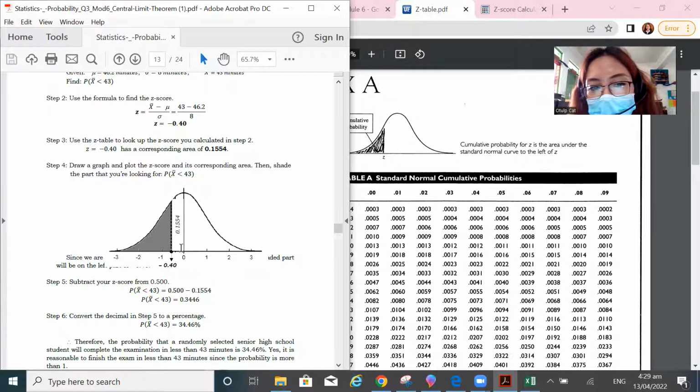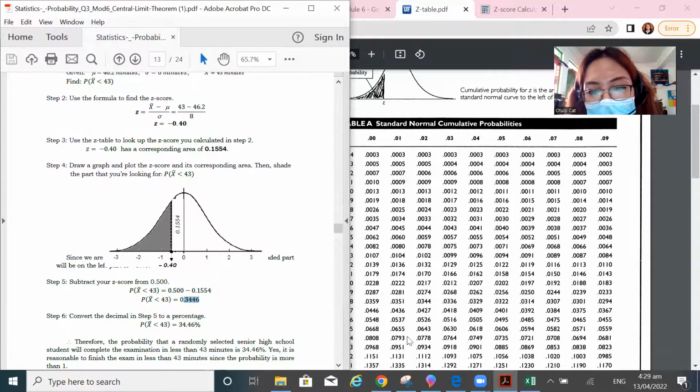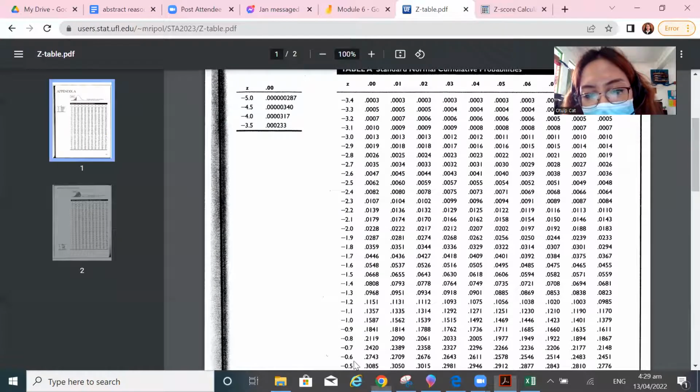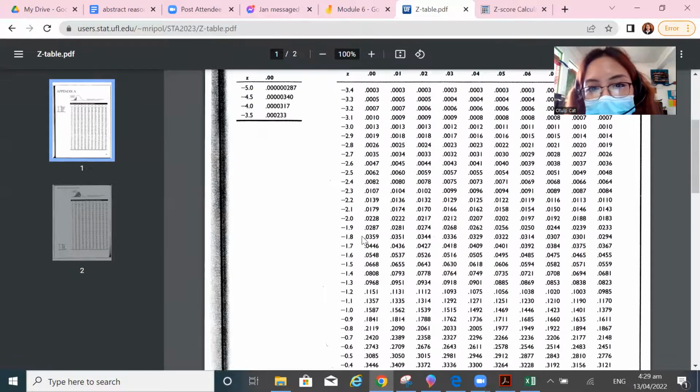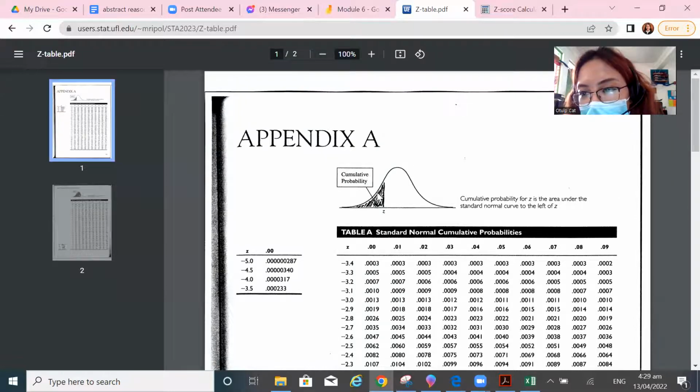So if we subtract 0.1554 from 0.5, we see that it is 0.3446, the same as the one reported in this graph. So that side is the area to look for.